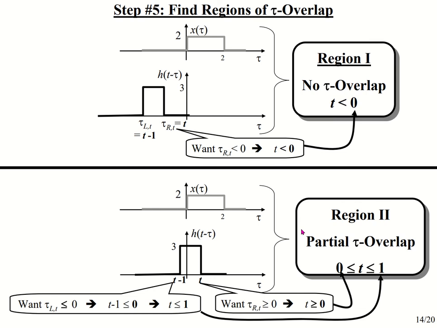This is the second case. Since the width of h is 1 second, if h was slid from 0, then it should be slid up to 1 second for its leftmost edge to come just below the leftmost edge of x.